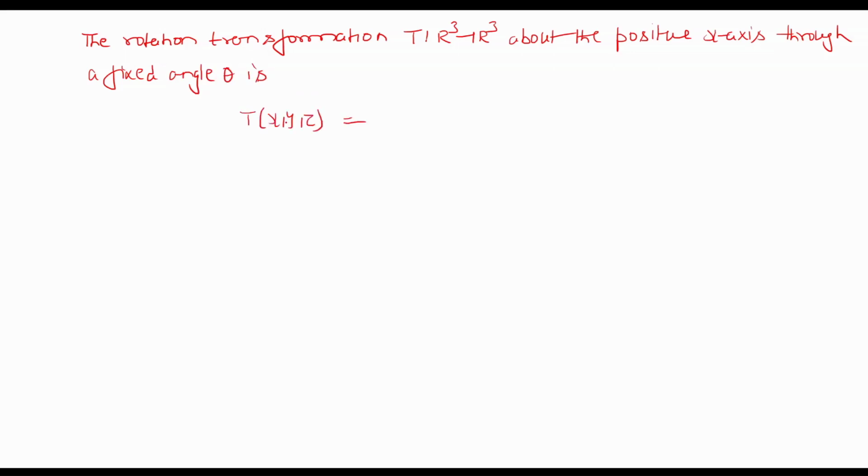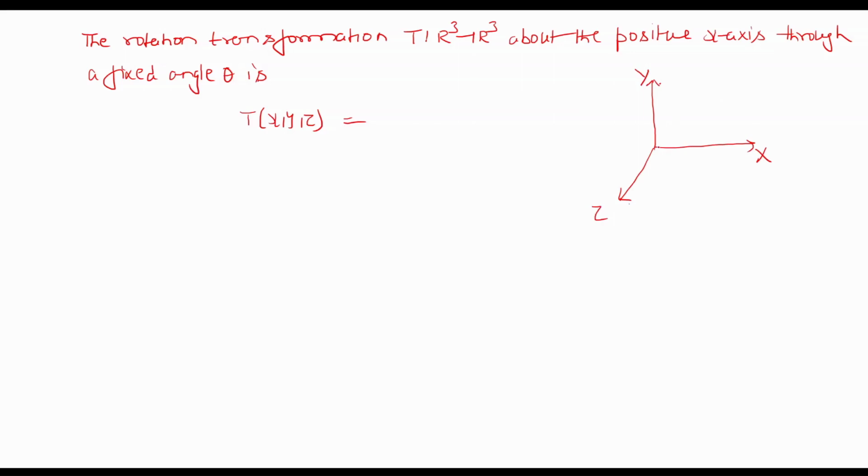So you have a vector x, y, z. If you rotate it about the positive x-axis through an angle theta in the anti-clockwise direction. You have to rotate in the anti-clockwise direction because that is the positive direction. This is the x-axis, this is the y-axis, and this is the z-axis.